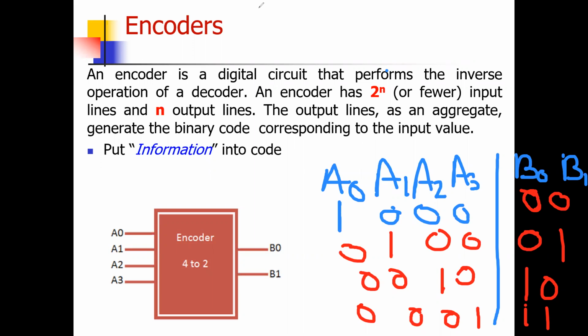How did you get A0? I'm asking, what is the circuit inside? I just made a box, but in the box there should be some gates. So let's check. What will be the gate here?